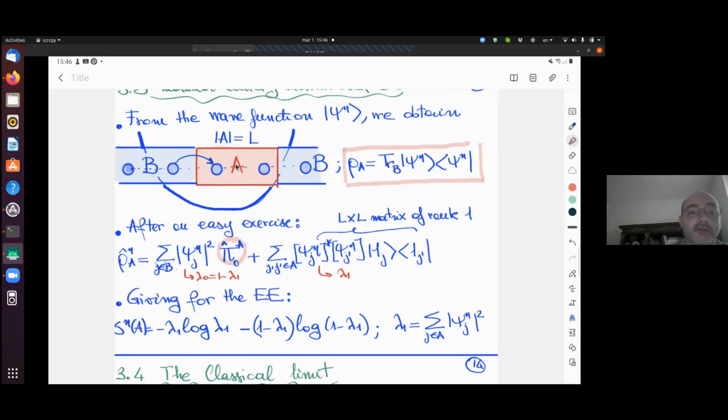And this is quite obvious, no? Because you have one particle moving on the lattice, so either you do not observe any particle inside region A, or you observe one particle. That's why the reduced density matrix decomposes like that.